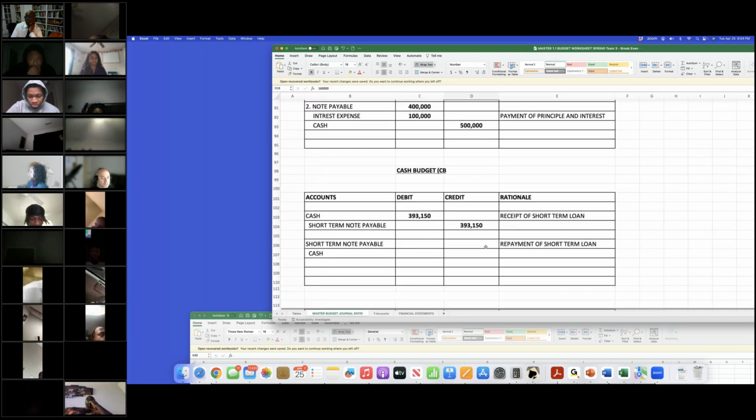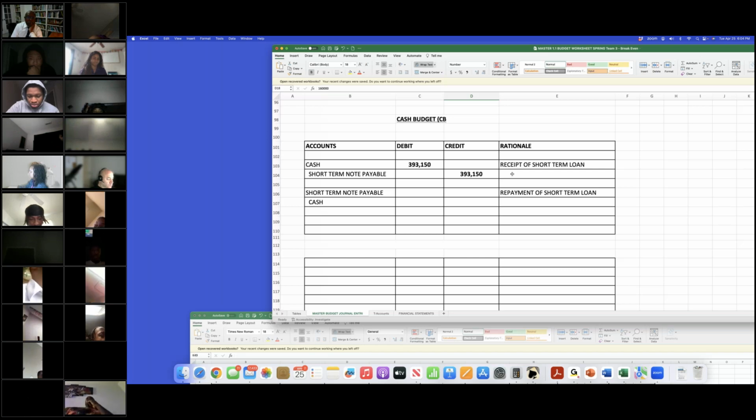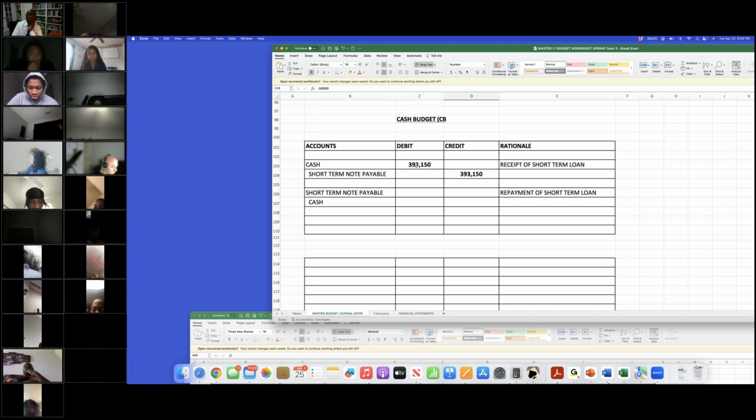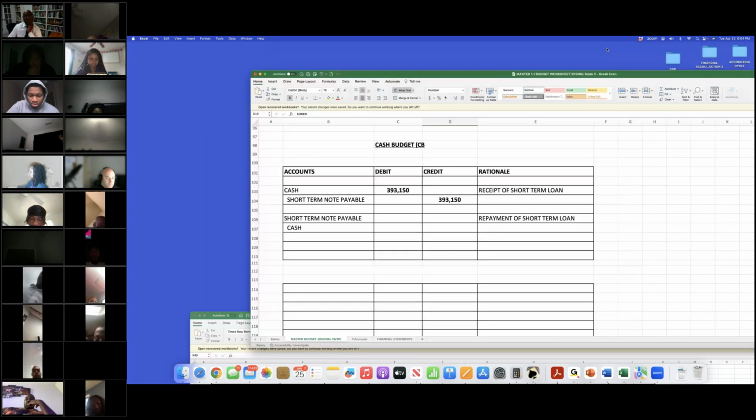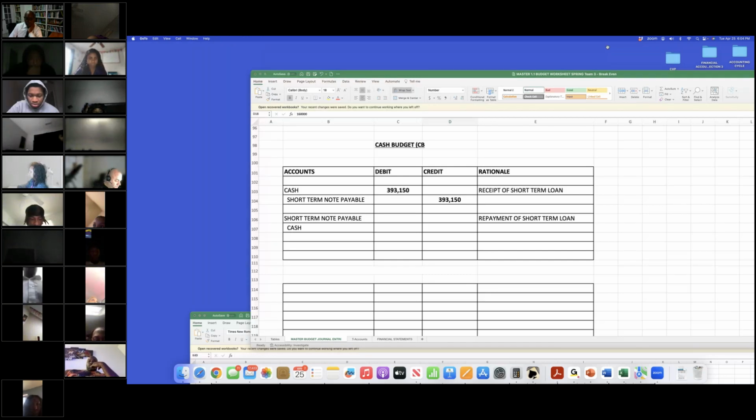Your cash was off because you did not make this journal entry, debiting cash and crediting short-term loans. Did everybody see that? So when you borrow that money, your cash is not going to be where it needs to be.